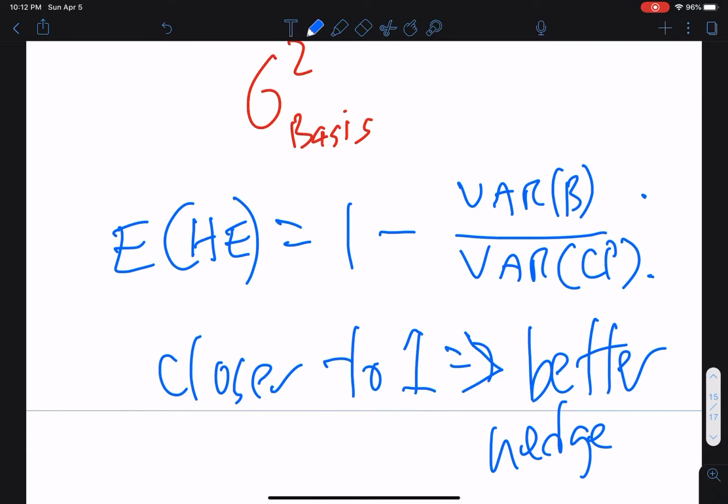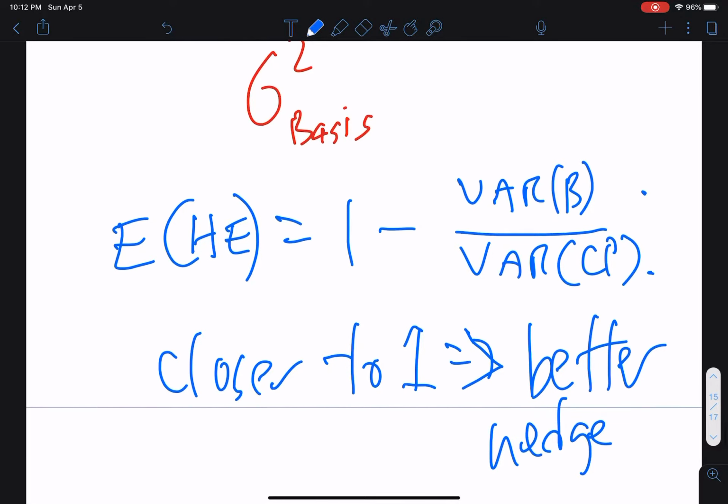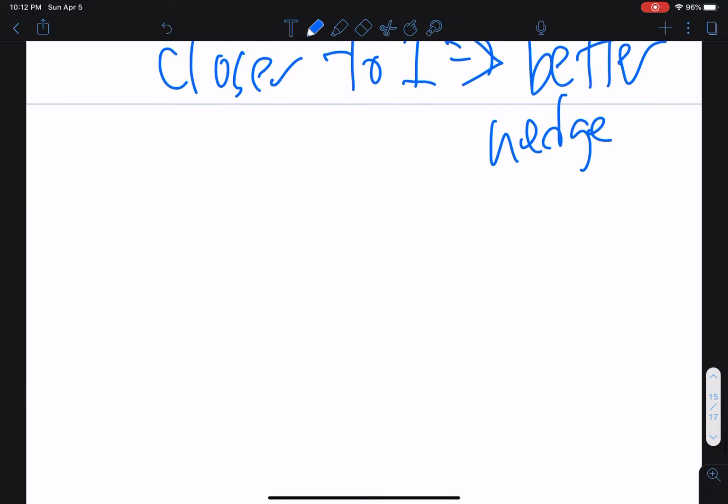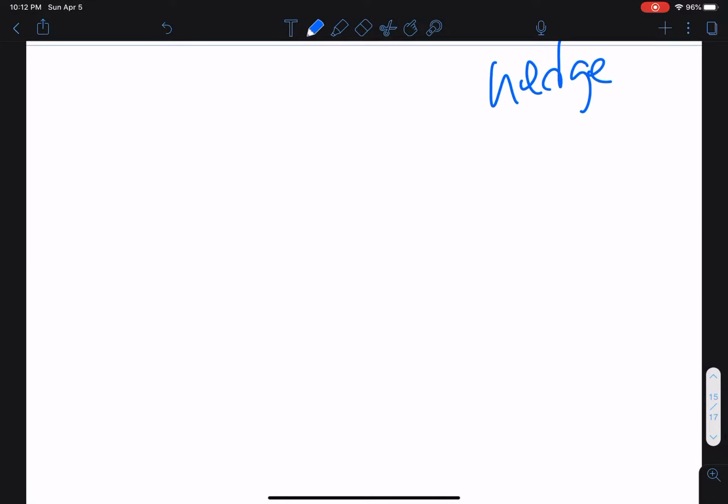All right. So next issue is developing a hedging strategy. A decision that a hedger has to make is what kind of futures contracts do I use? Another decision is what contract month should I use?